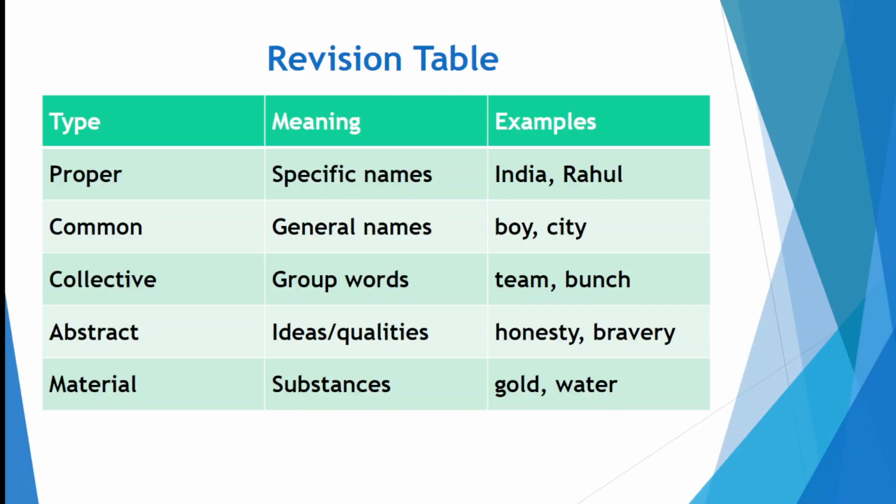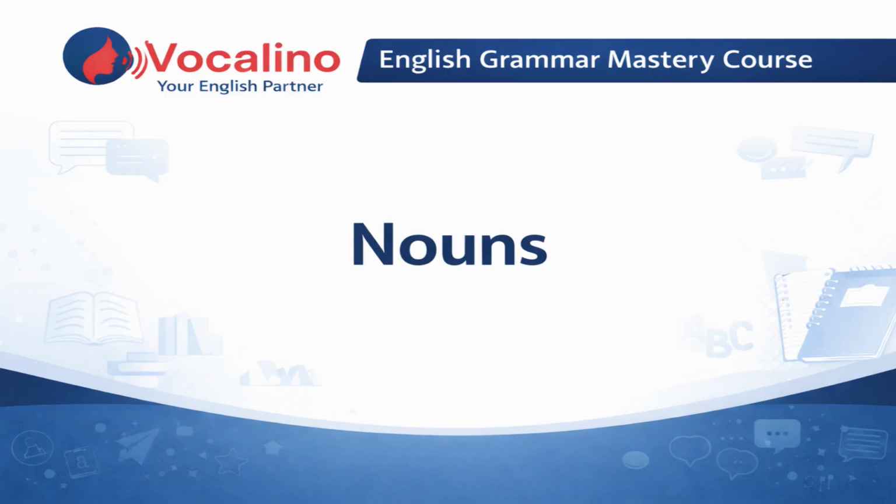Collective nouns like the name of groups, right? Team, bunch, bouquet were the examples. And abstract nouns were ideas or qualities that cannot be seen or touched, like freedom, bravery, honesty. Then the last one was material noun, that are the materials or substances used to make certain things, right? Gold, water, plastic, all these were material nouns.